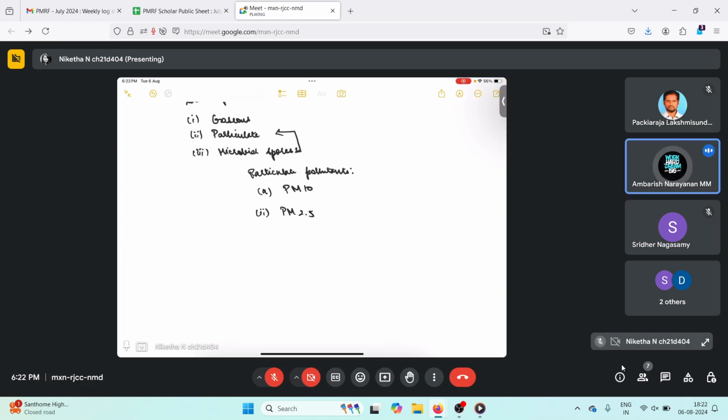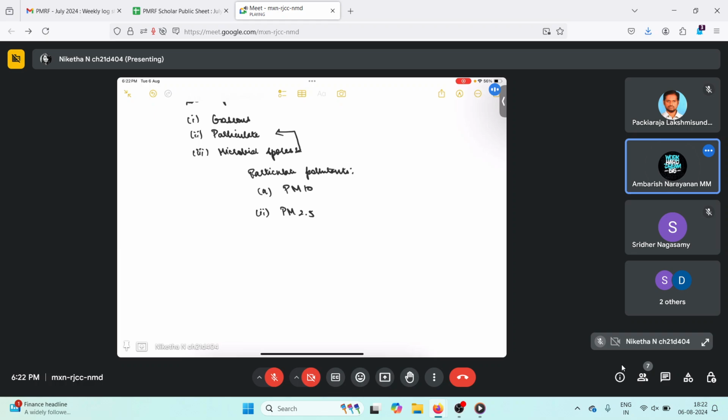Particulate matter 10 means 10 micrometers or less in diameter.